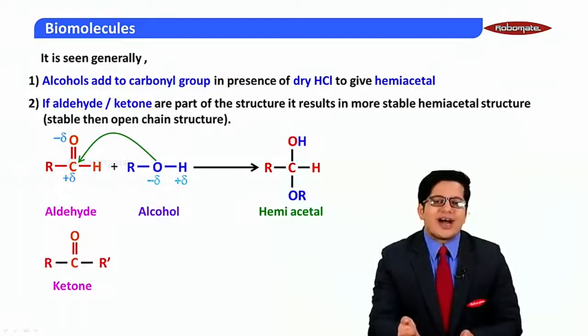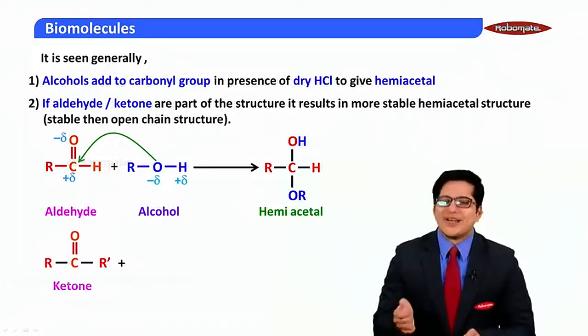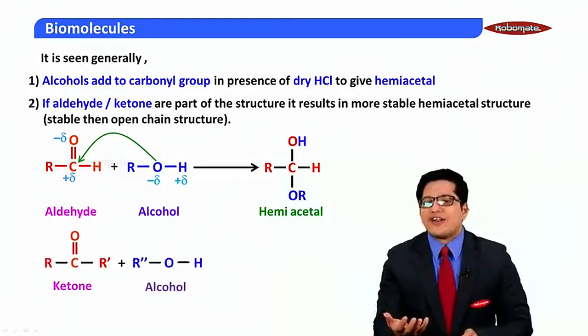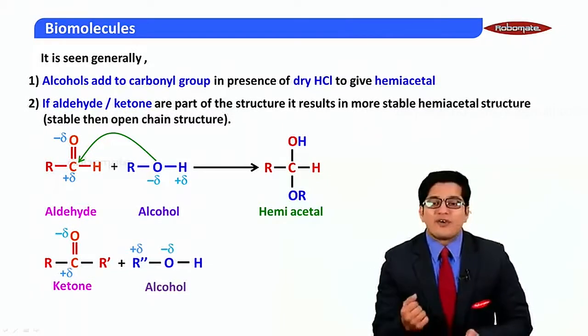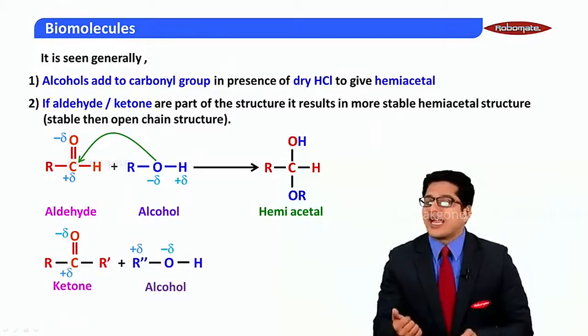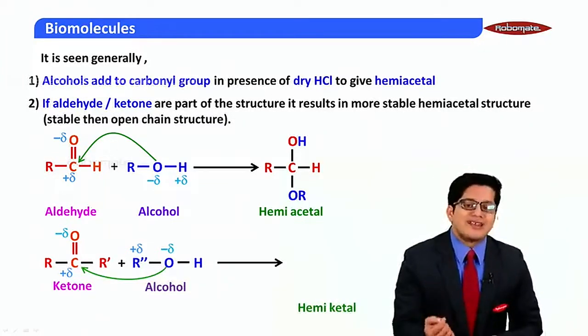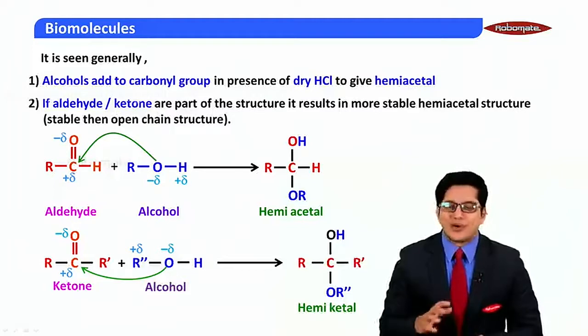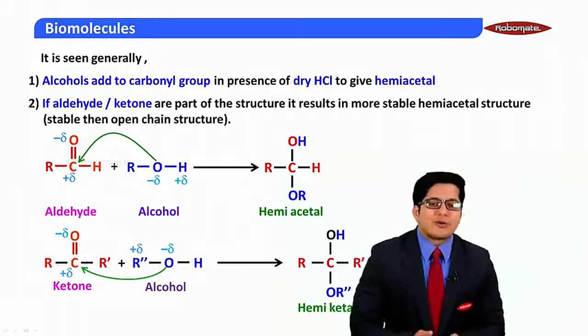We have a ketone, R C double bond O R dash. To this we are adding one alcohol molecule. Again, the partial negative oxygen would attack the carbon atom, giving me a hemiketal. So this was all the reaction which we are going to study in this module.